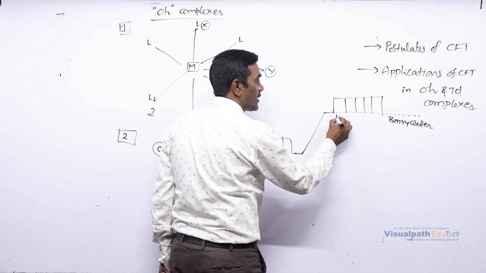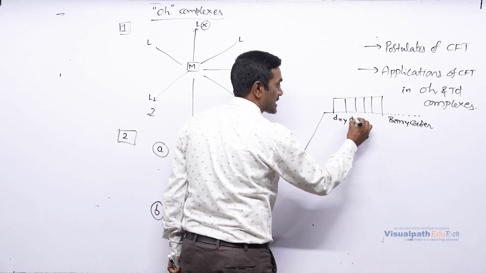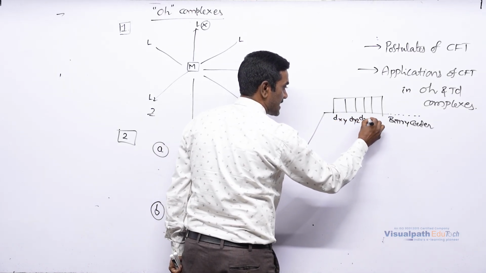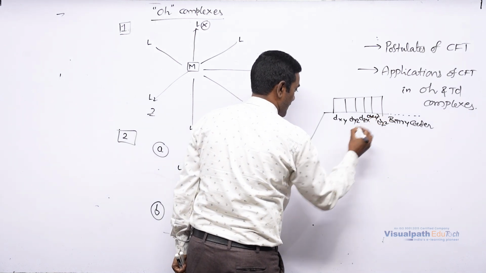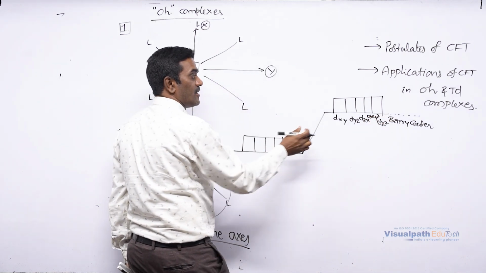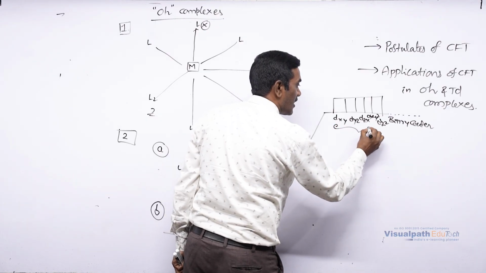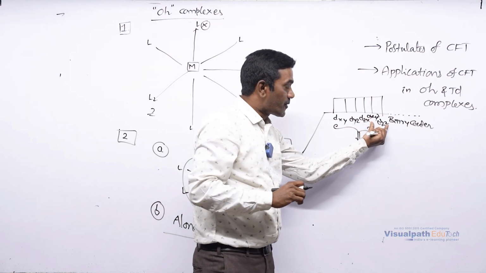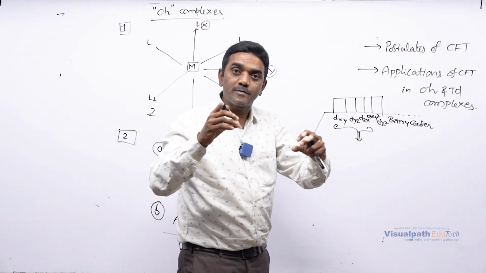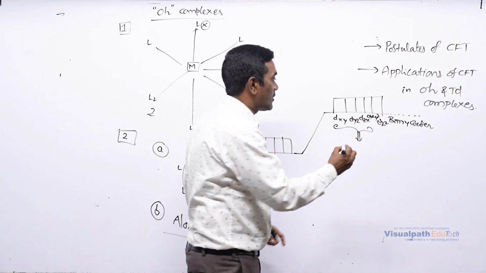We already know that we have dxy, dyz, dzx, dx square minus y square, and dz square. Among these, three orbitals are present between the axis, and these two orbitals have lobes along the axis. Very important point.